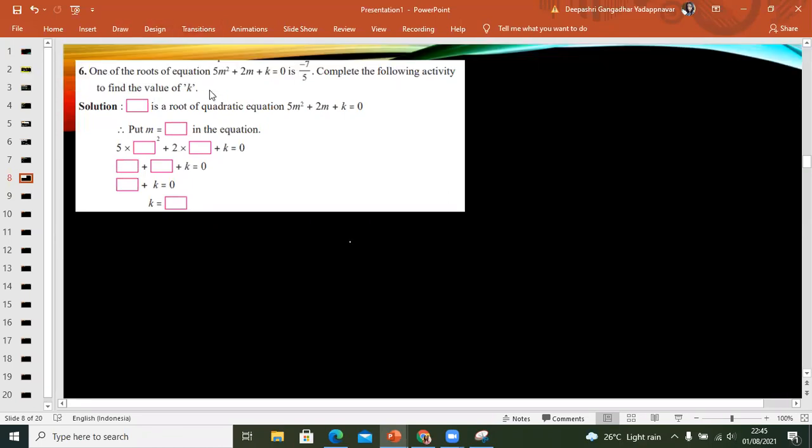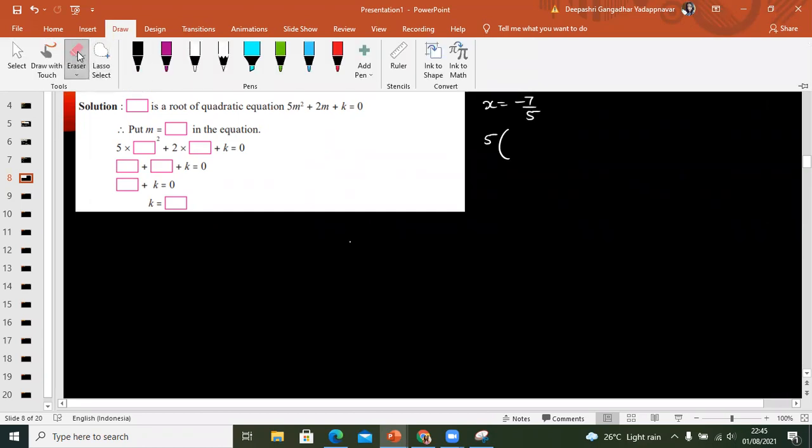Let's begin. Equation is 5m square plus 2m plus k equals 0. One root they have already given, that is negative 7 by 5. So we have to substitute this in this equation. Since it is m, not x, I will take it as m.